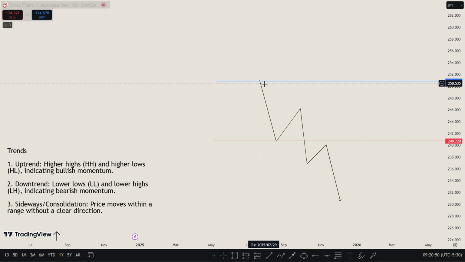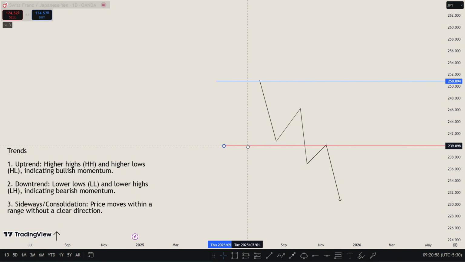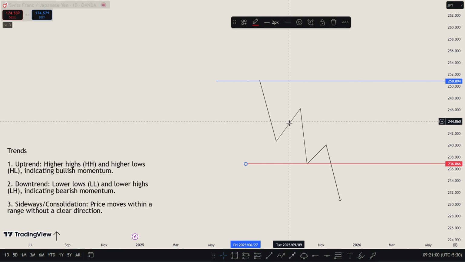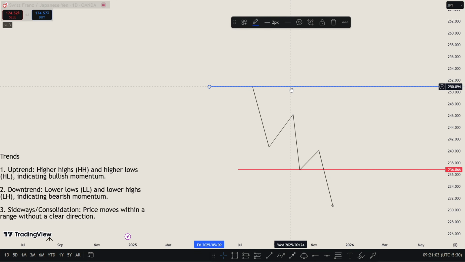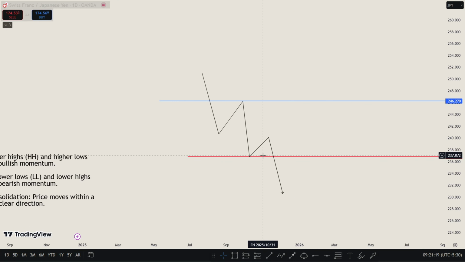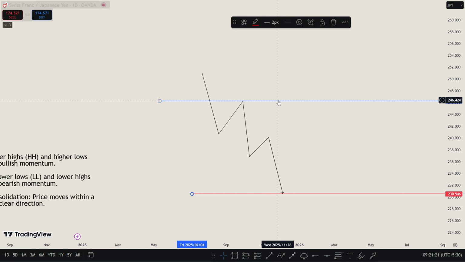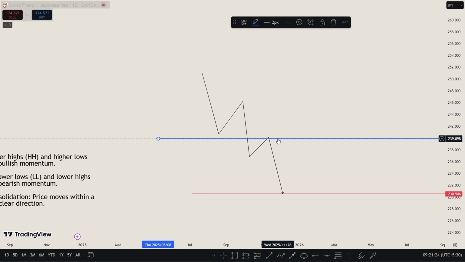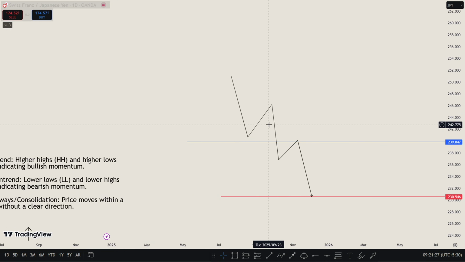Once the trend continues and breaks the recent lower low point, then this becomes a lower low, and the point which broke that becomes the lower high. Always the lowest point will be called the lower low, and the most recent high in the bullish momentum will be called the higher high. Now as it breaks, this will become the lower low and this will become the lower high. So these were the two types of trend.